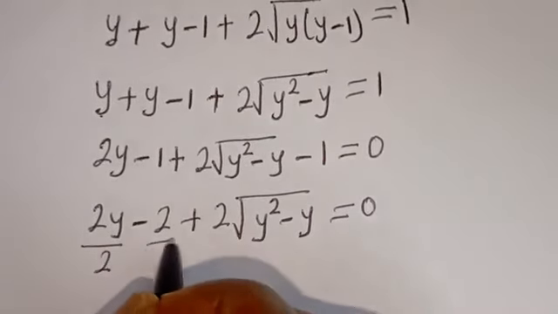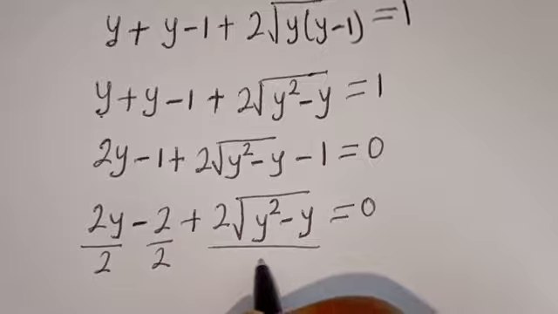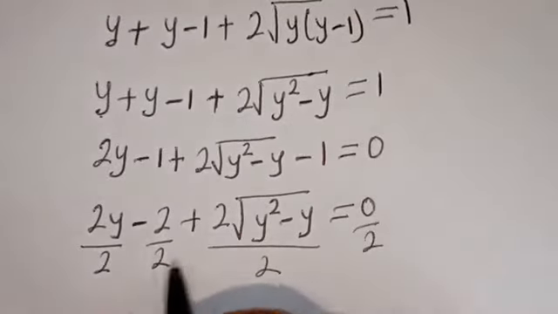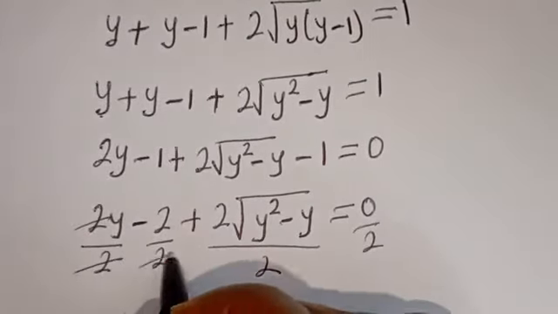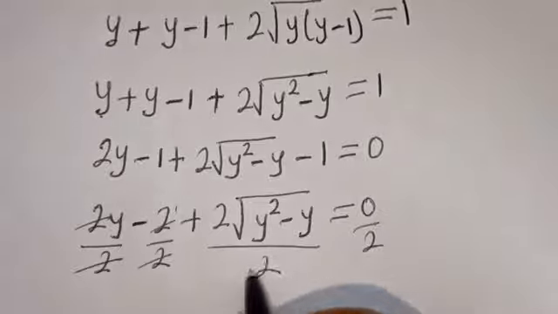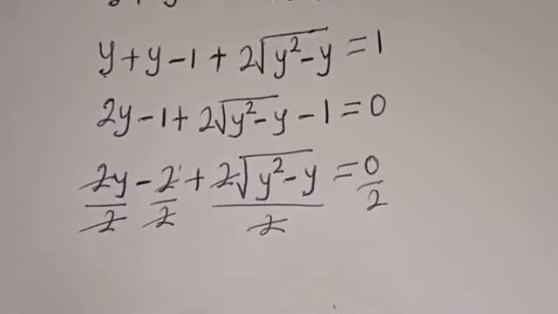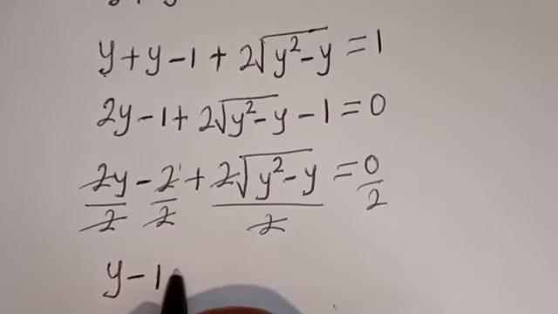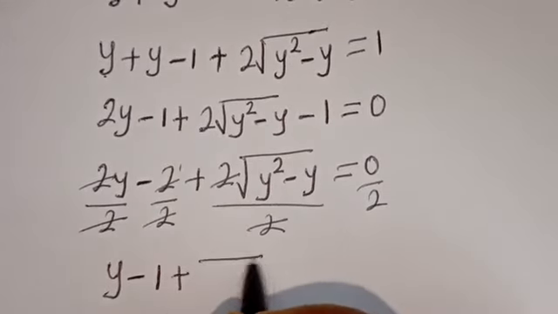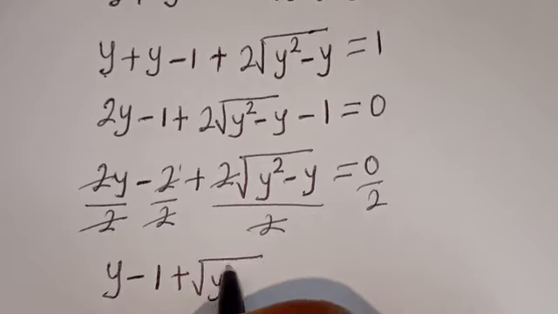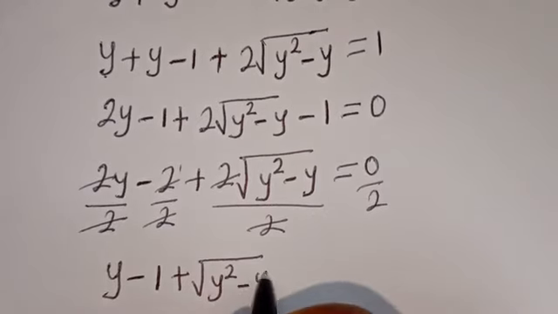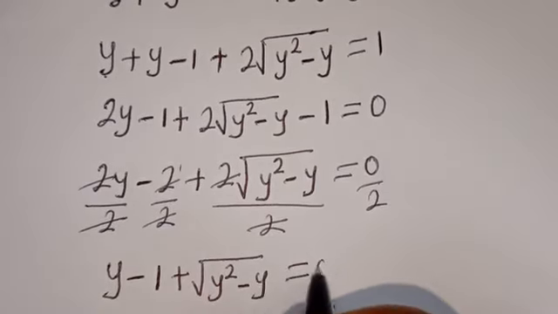Dividing each term by 2, the 2s cancel. Then we have y minus 1 plus square root of y squared minus y is equal to 0.